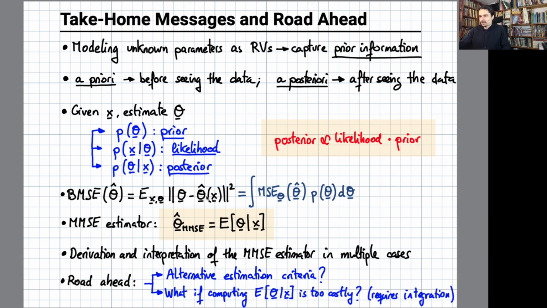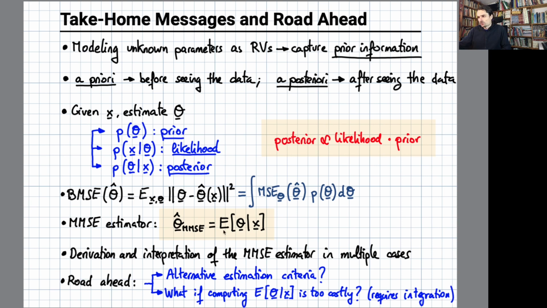And another thing that we will need to discuss is how to deal with the fact that computing this estimate may be too costly, right? I mean, this expectation may be too costly.